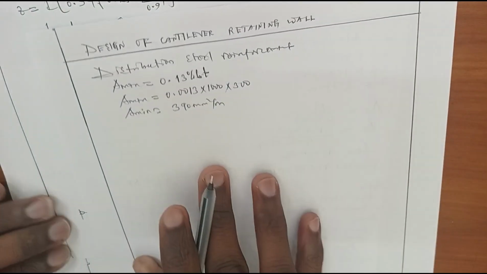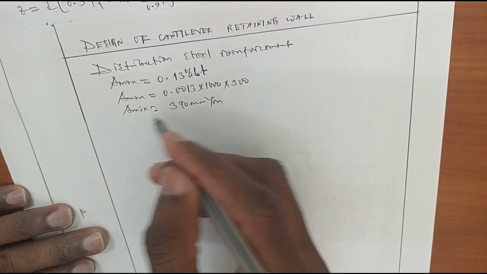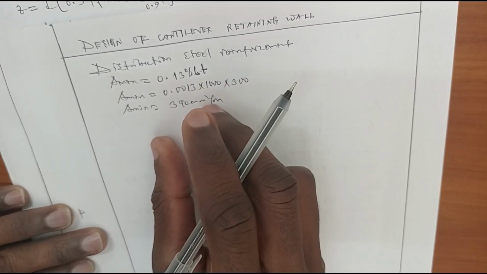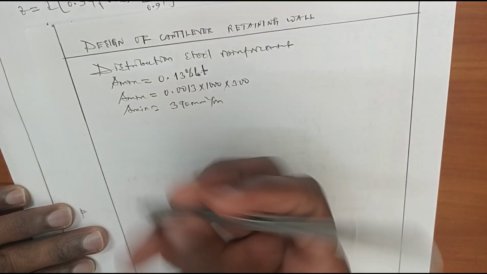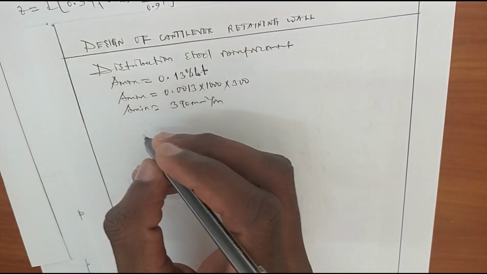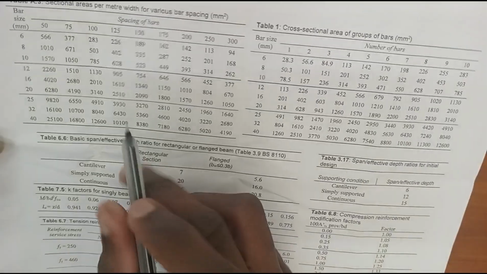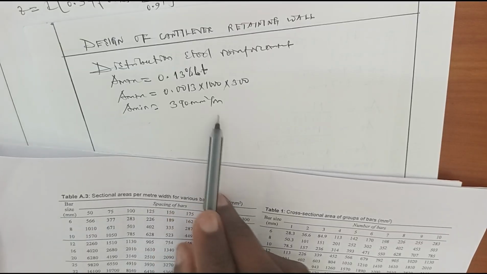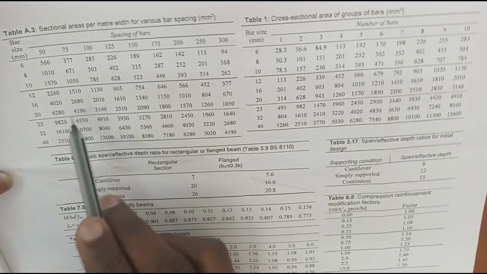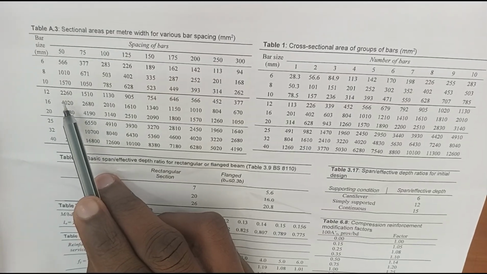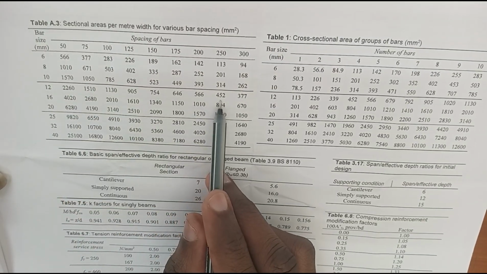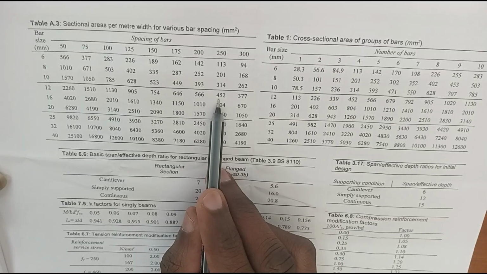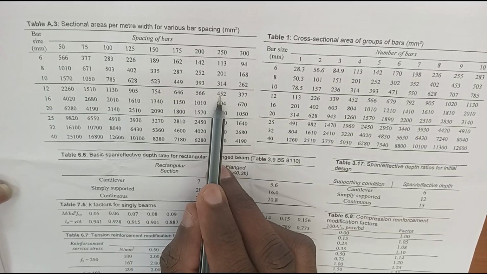Now let's determine the area required for this area and its spacing for that reinforcement by using this table. Because it is a small area, now let's come to the minimum reinforcement required for the slab, which is 12. As the greatest area for that, it will be this one.